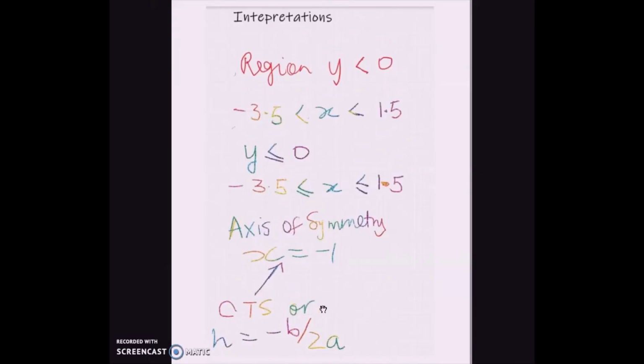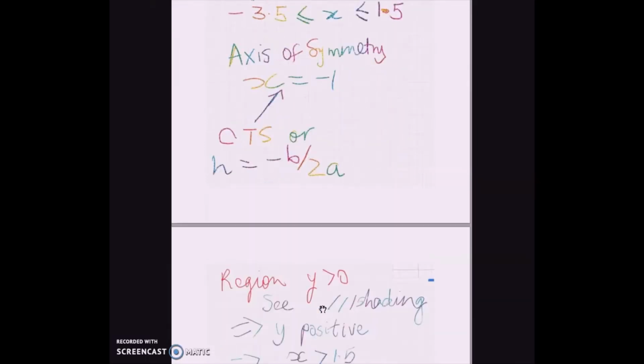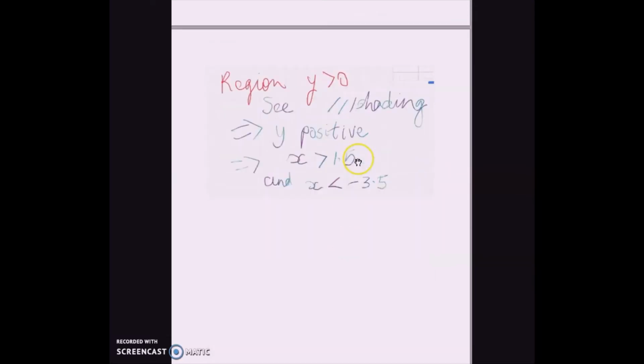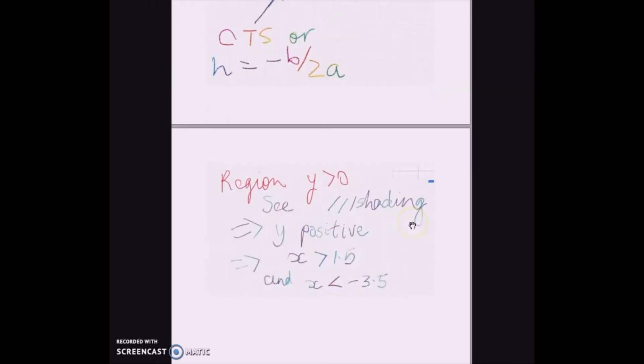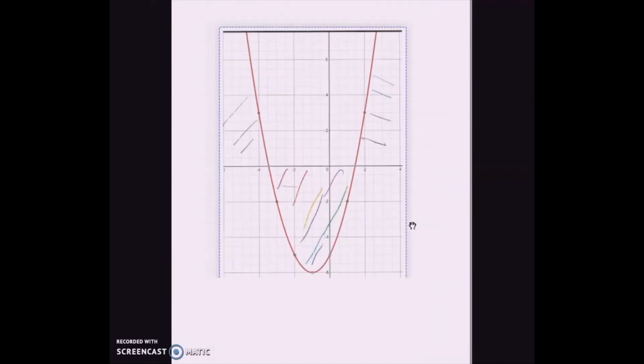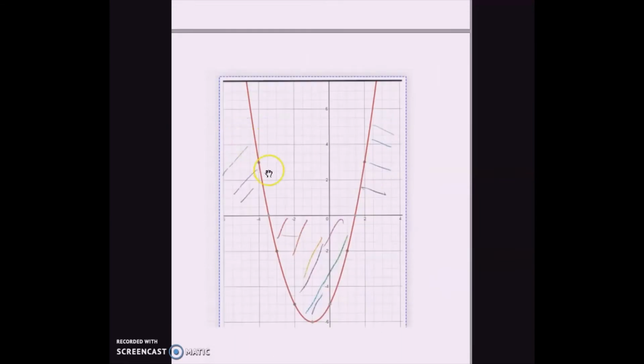So where is y greater than 0? The region y greater than 0 is where you have positive y values. Let's go back again to the curve. From the curve, positive y values occur after x equal to 1.5.